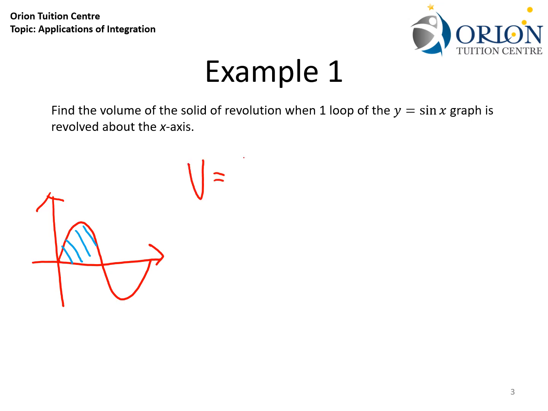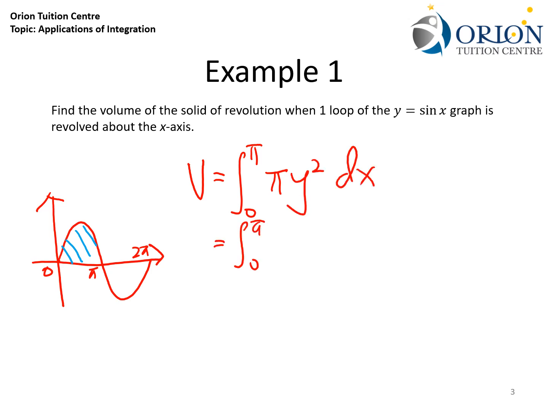V equals to integration from 0 to pi, since this loop over here spans from 0 to pi, of pi y square dx, which is integrating from 0 to pi of pi sine square x dx.